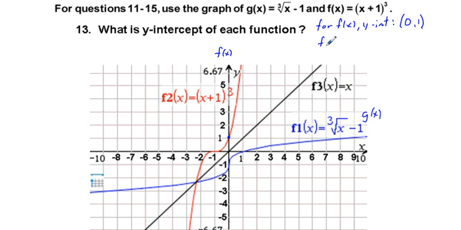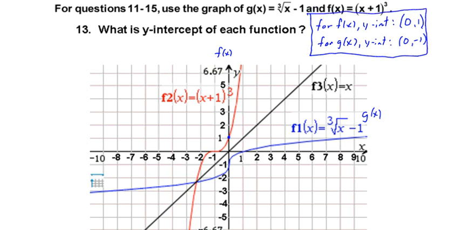Okay, for g of x, y-intercept is going to be 0, -1. Is that right? 0, -1. So that looks like that's good for our y-intercepts.